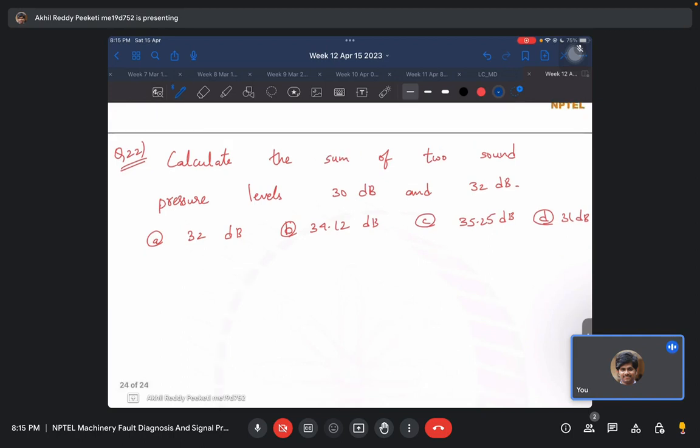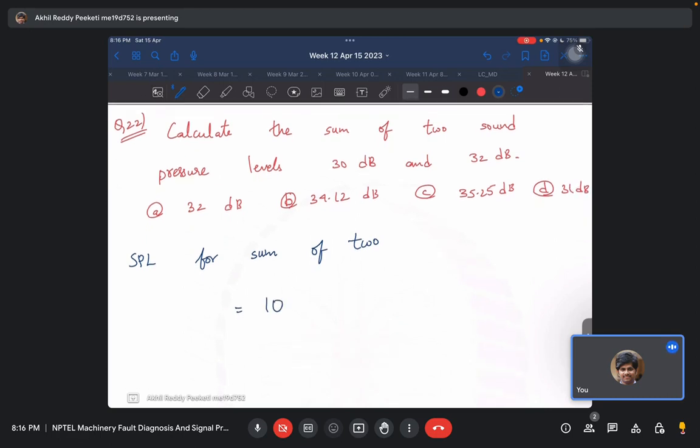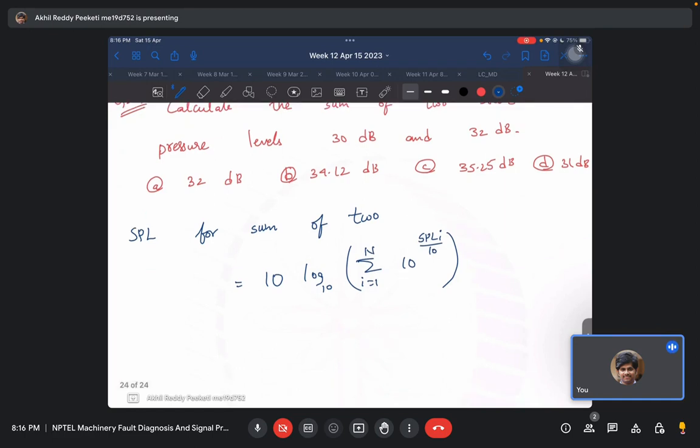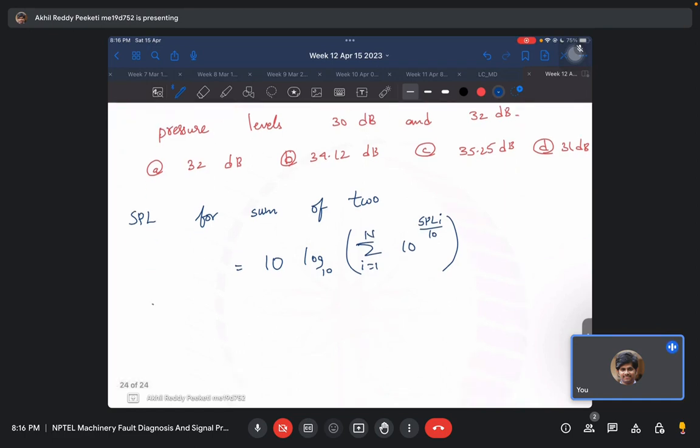So we have discussed this in the corresponding week. When you have two sound pressure levels, or if there are n, the simple formula is 10 log 10 of the sum of however many there are. So this is how you can get the effective sound pressure level. Here we have SPL1 as 30 and SPL2 as 32 dB.